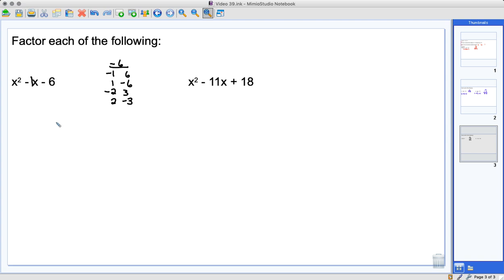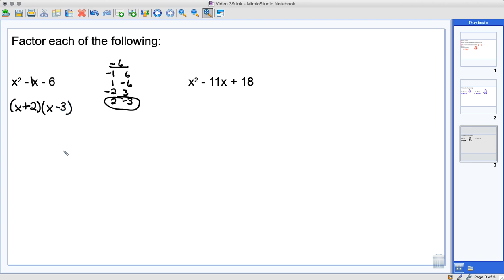Of those four options, which one adds up to negative 1? Negative 1 plus 6 is 5. 1 plus negative 6 is negative 5. Negative 2 plus 3 is positive 1. And 2 plus negative 3 is negative 1. So then you have x plus 2 times x minus 3.